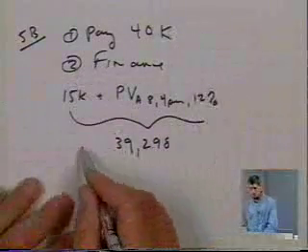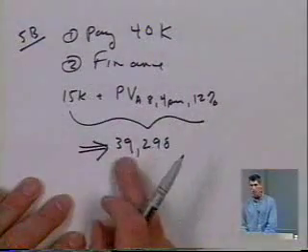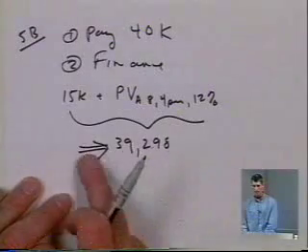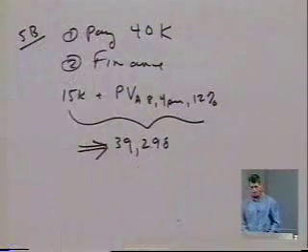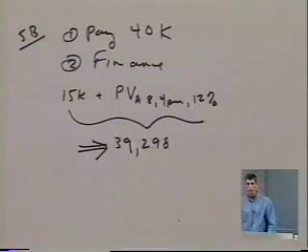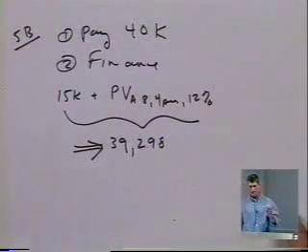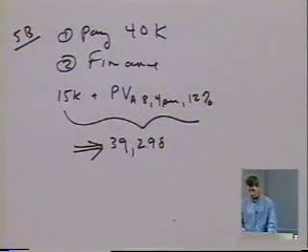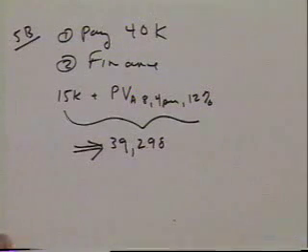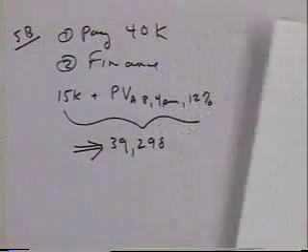In other words, it's cheaper to finance at a present value of $39,298 than it is to pay cash. Hence, Herbie would prefer to have Harry finance it, and Herbie would be willing to borrow. Okay. Now, C.